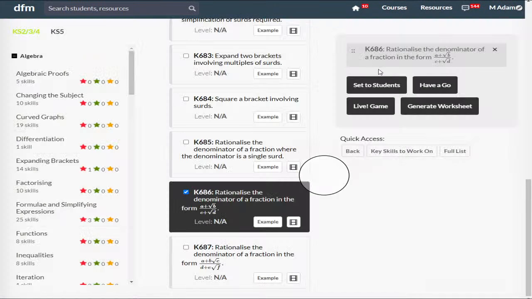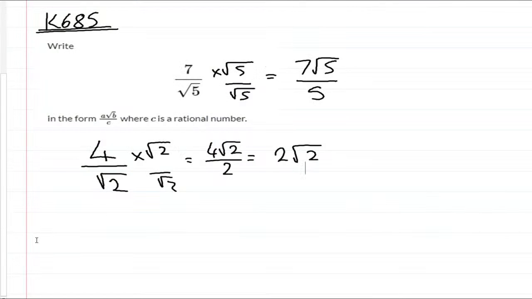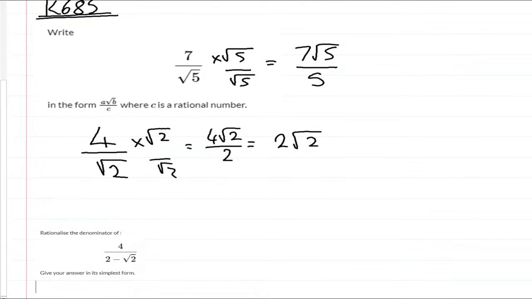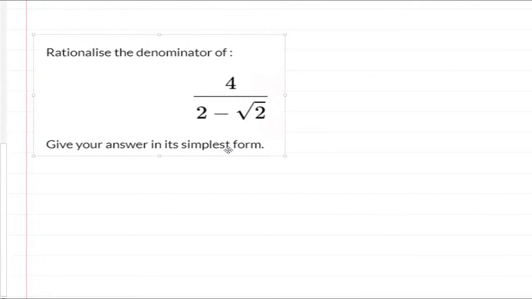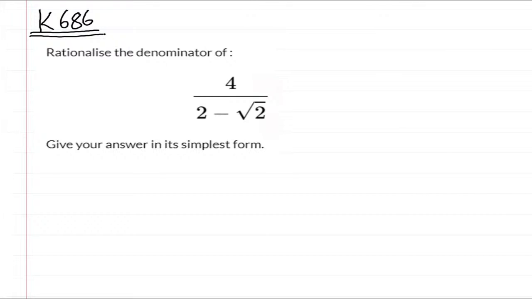So, key skill number 686. So what's different about this one here?